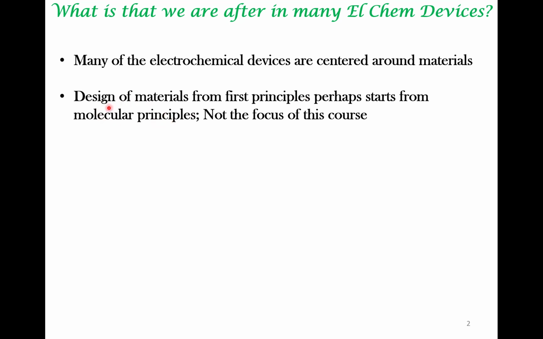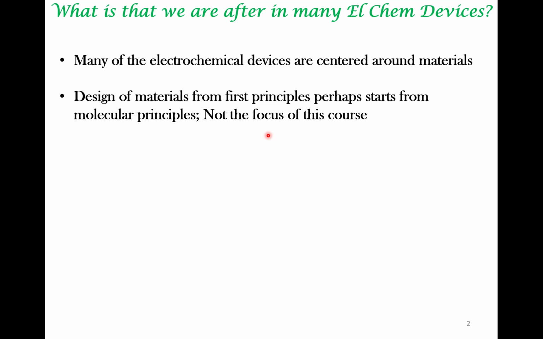If you want to start from real first principles, we may even have to go to quantum chemistry to understand the molecular principles. That is not the agenda for this course. We do it in a different course, what I call an applied quantum chemical course, with a focus on electrochemical materials, catalysis, and separation materials.